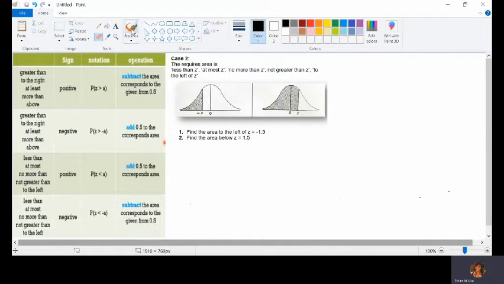And then the Z value is positive, wherein we're going to add 0.5 to the corresponding area. So this will be our operation later. So again, we're going to draw a normal curve.